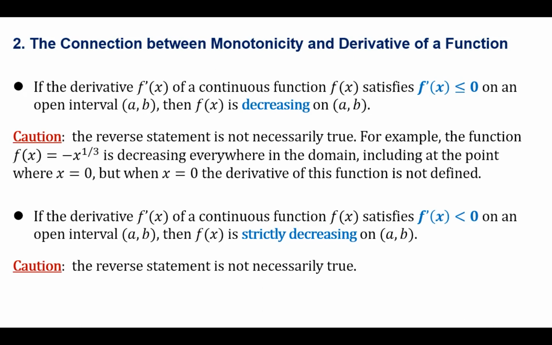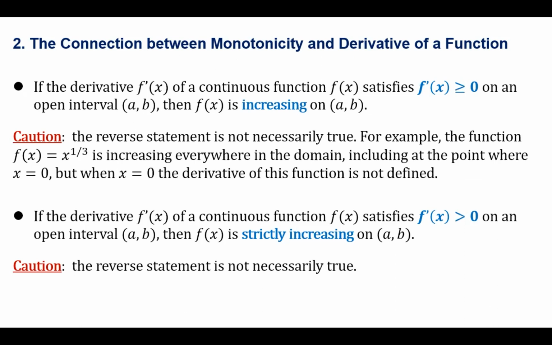Okay, so can you think of why these two statements are true? Why there is a connection? Why there is a relationship between the monotonicity and the derivative of a function? Okay, remember the derivative actually measures the instantaneous rate of change, right?